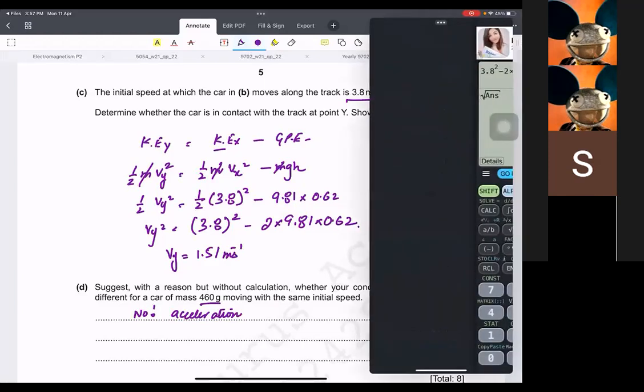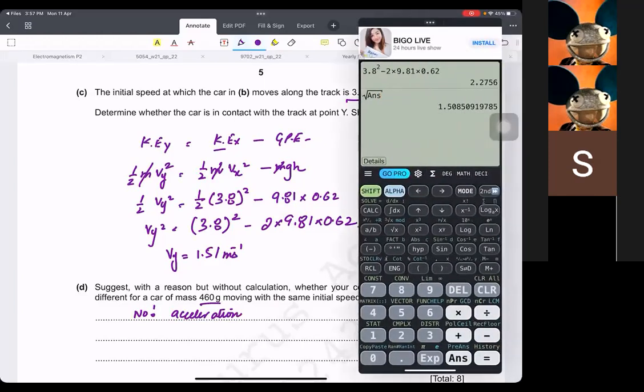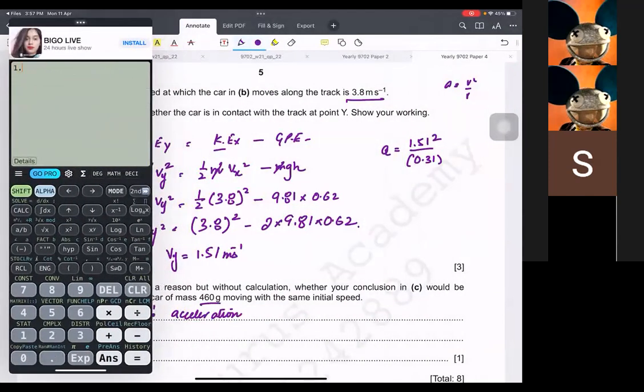Sorry, I forgot totally, that is what they asked. 1.51 squared divided by 0.31 comes to 7.3, 7.4. Since 7.4 is less than 9.8, it will not stay in contact.